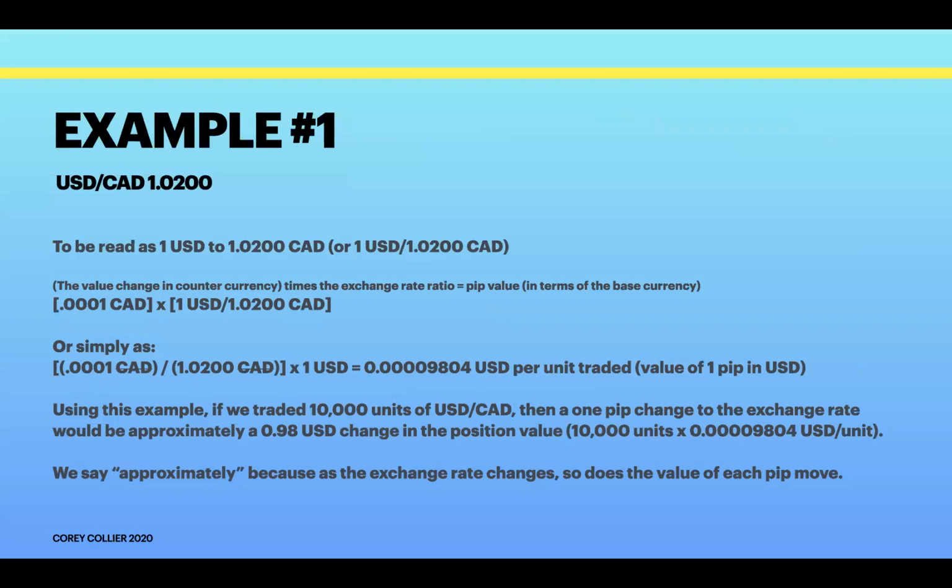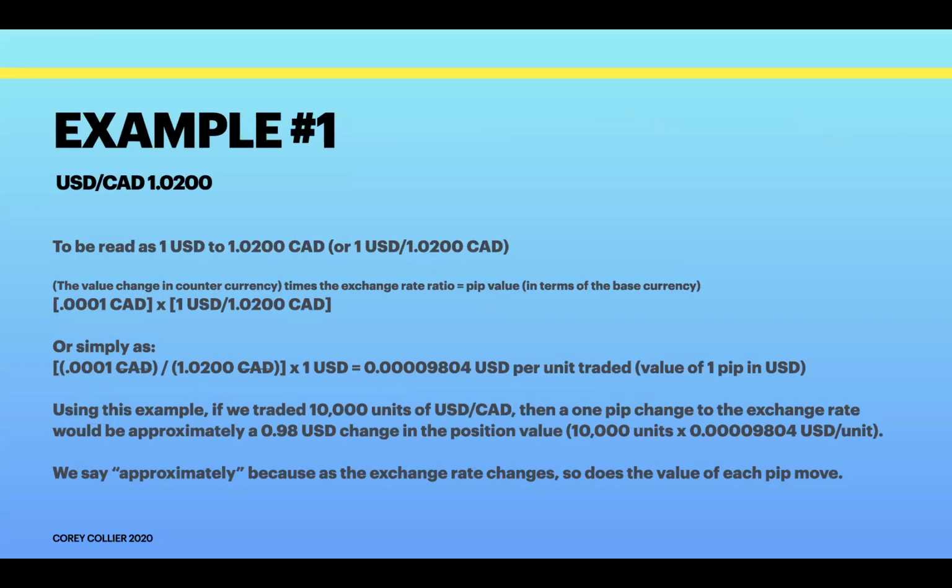The value change in counter currency times, this is how you calculate a pip basically. This is what the broker is doing for you. Again, this isn't anything that you all have to really know too much, but it's good to understand that not all these currency pairs are valued the same.